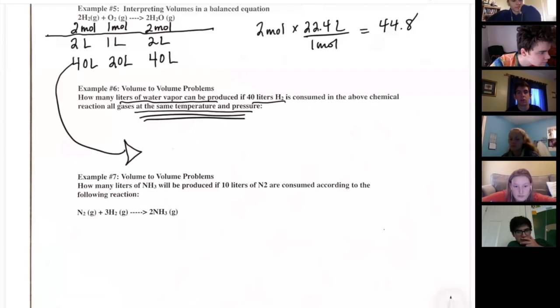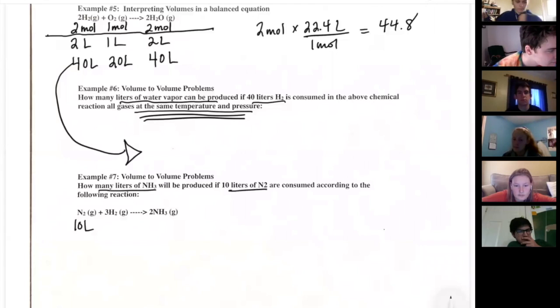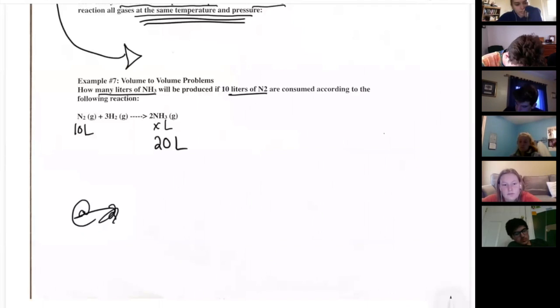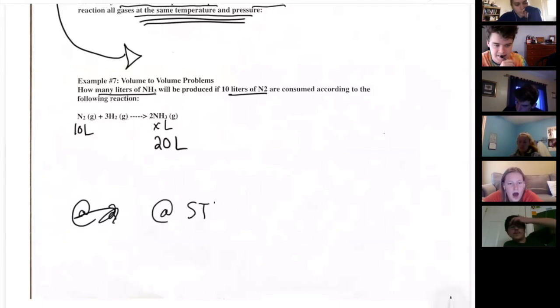So down here at the bottom, 10 liters of nitrogen. How many liters of NH3? And you say what? At STP, don't forget that it's simply 22.4 liters in a mole.